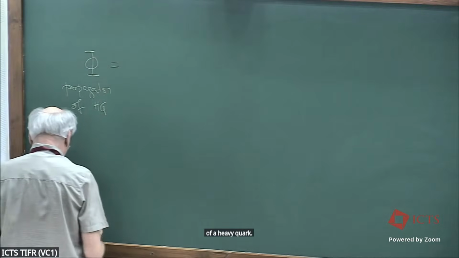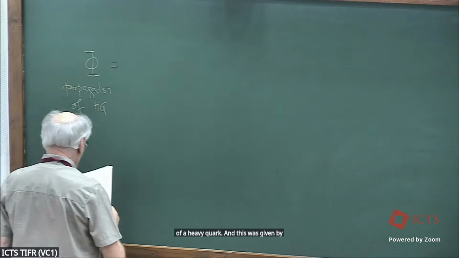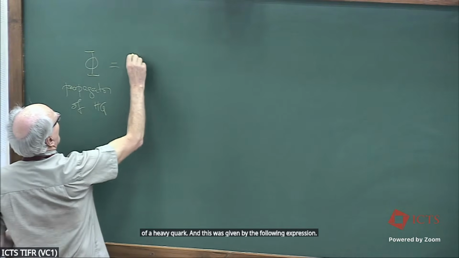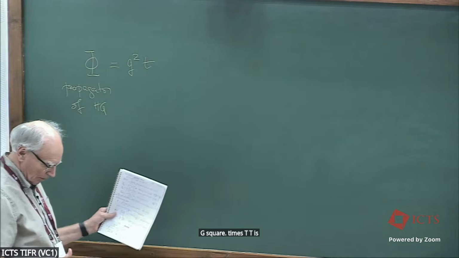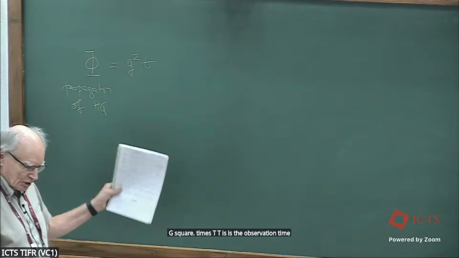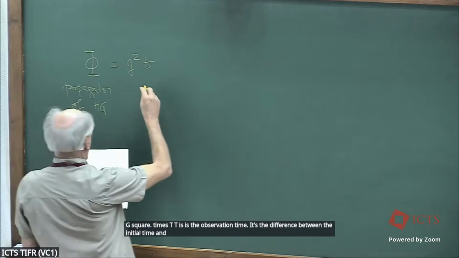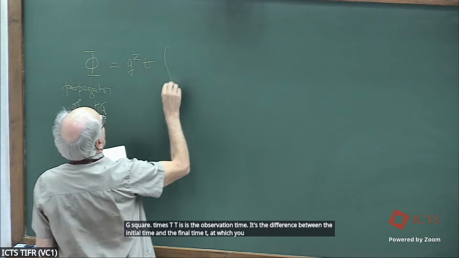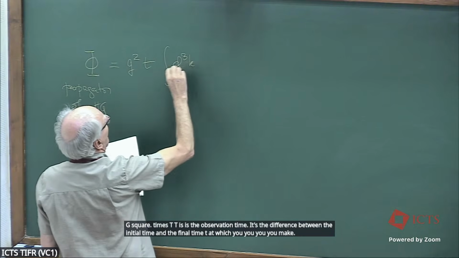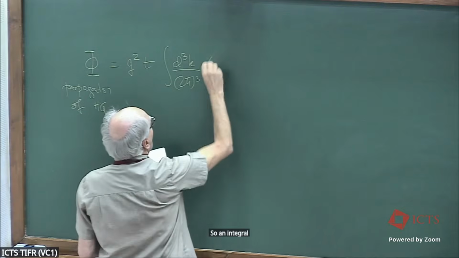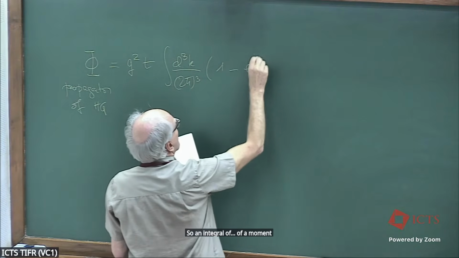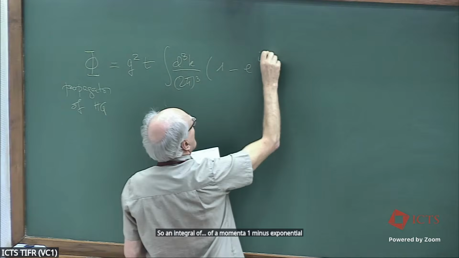And this was given by the following expression: g squared times T. T is the observation time. It's the difference between the initial time and the final time, t, at which you make so an integral over momenta, 1 minus exponential ik.